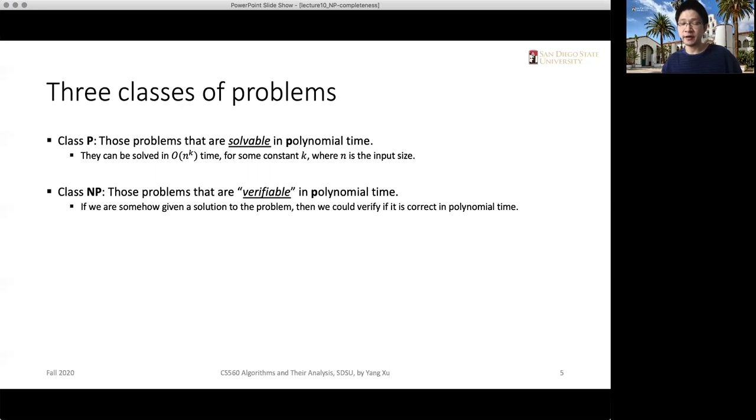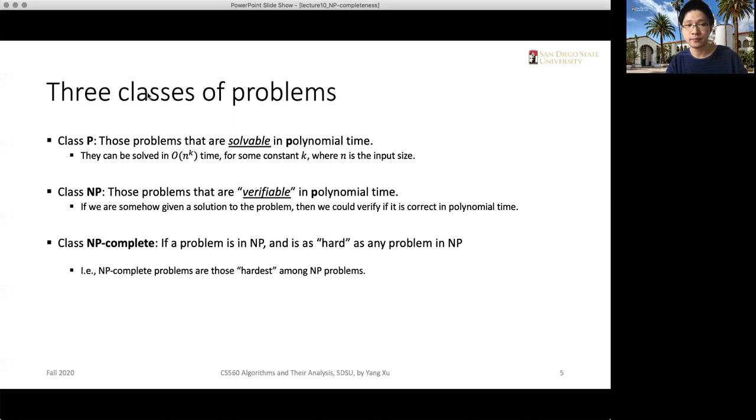And of course, verifying something is easier than actually solving a problem, okay? So in theory, the class NP should be a bigger set, with a broader range. Because if a problem is in P, then we can solve it within polynomial time, so of course any solution can be verified within polynomial time. But for a problem that can be verified within polynomial time, it is not necessarily the case that we can solve it for sure.